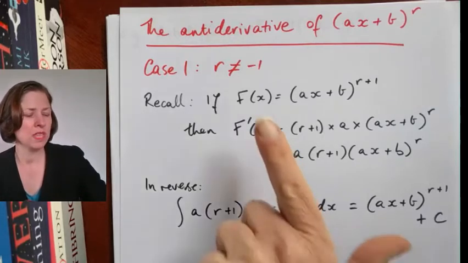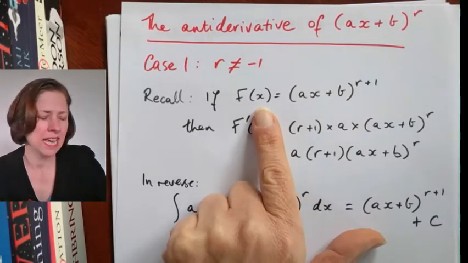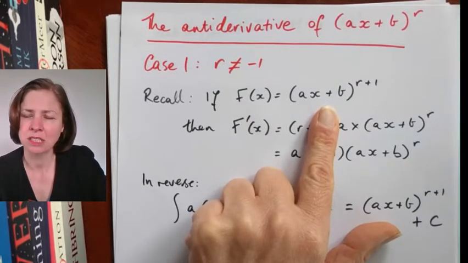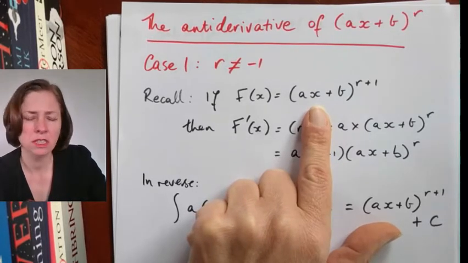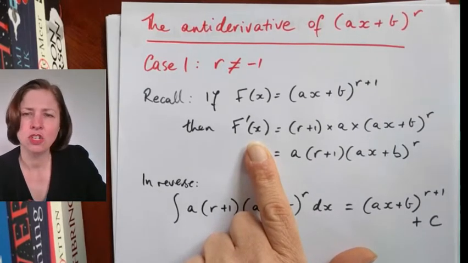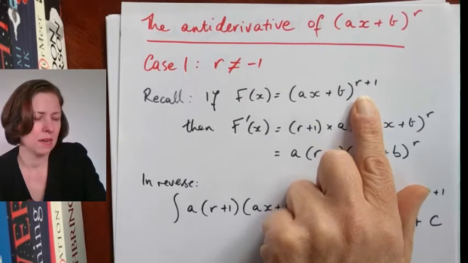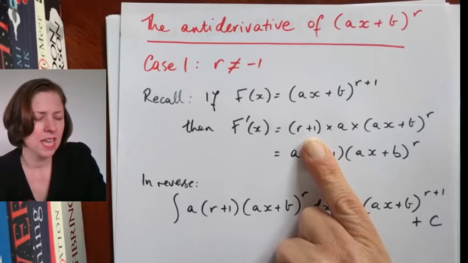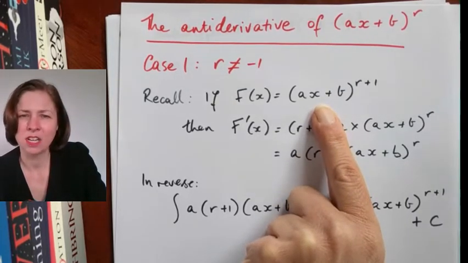What we're going to start with is a bit of revision of what we know of differentiation. So if I say that capital F of x is equal to this function, that is ax plus b raised to the power of r plus 1, so that's a linear function raised to a power, then when I differentiate it, I need to use the chain rule. So first of all, I take the power and I multiply it out the front. So I'm multiplying by a factor of r plus 1. Then I need to take the derivative of the function inside, because this is a composite function.